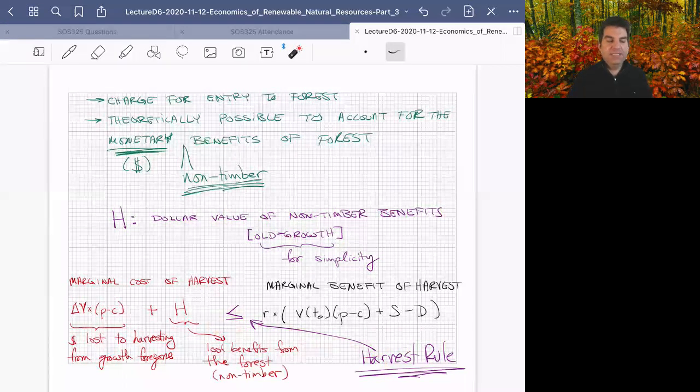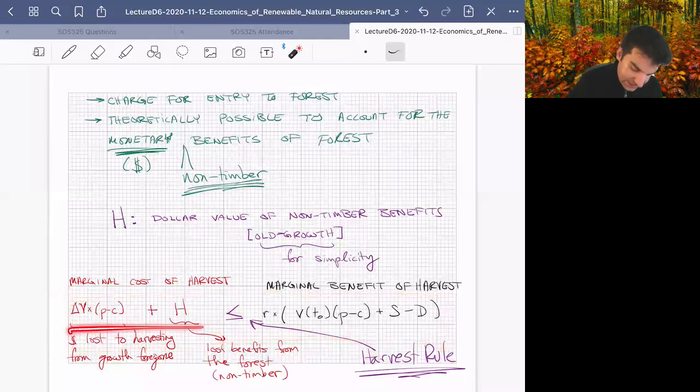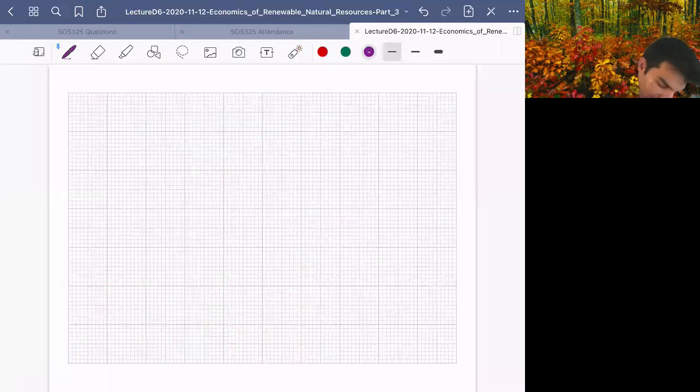And if I want to see what that looks like graphically, then all I'm going to do is take this whole expression and divide it by P minus C. And that will put me back in the volume units that I've been happy to work in. So if I rewrite that rule, this is the volume version.